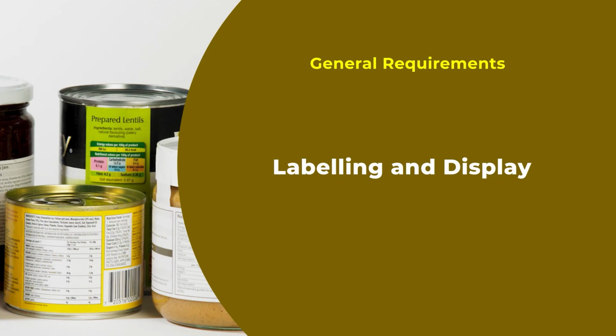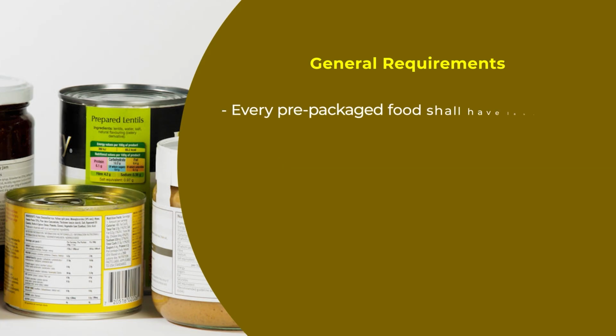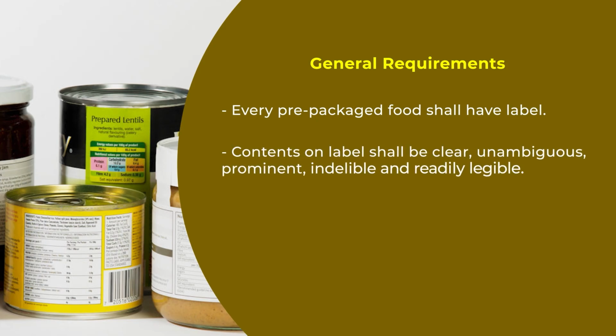If you see the general requirements in this labeling and display regulation, you will see that every pre-packaged food shall have a label with the required information, and the contents on the label shall be clear, unambiguous, prominent, indelible and easily readable, and the label shall not be separated from the container.